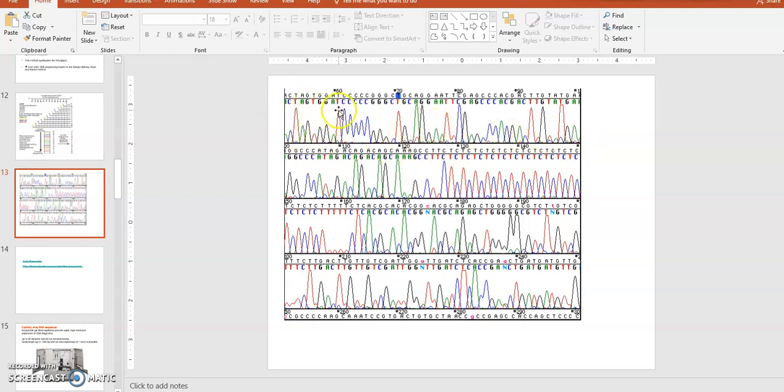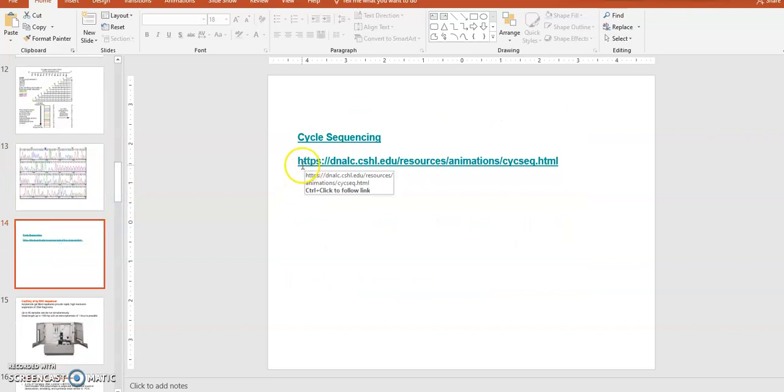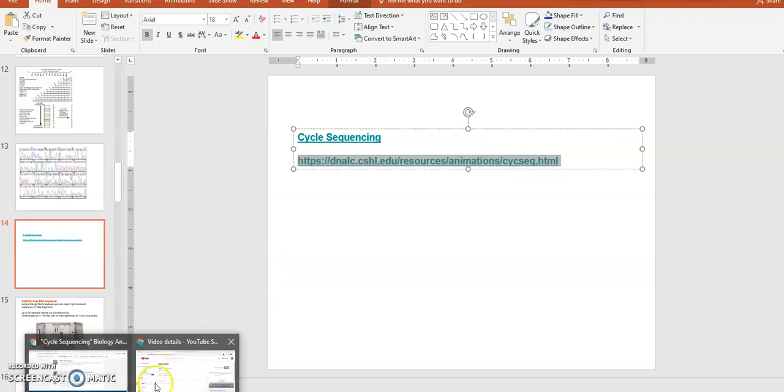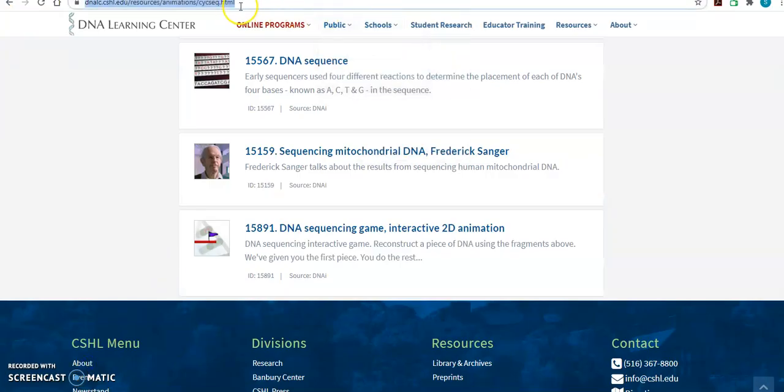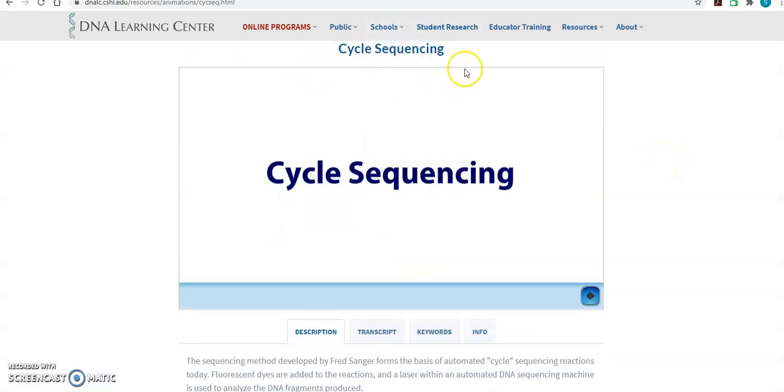The machine will pick out which dideoxynucleotide just passed through the sensor, and it'll read out the sequence of the nucleotides. If you go to this website, copy and paste that website address, you can see that animation. So that's called cyclic sequencing.